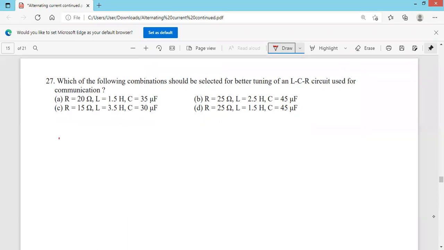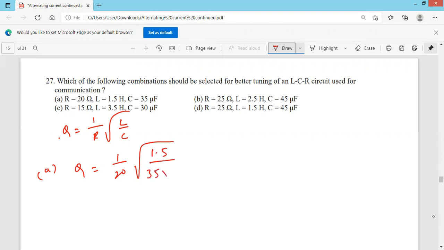For the first one, we know that quality factor Q is equal to 1 by R into square root of L by C. First one is option A. So quality factor Q is equal to 1 by 20 into square root of 1.5 divided by 35 into 10 power minus 6. 10 power minus 6 comes to the numerator.